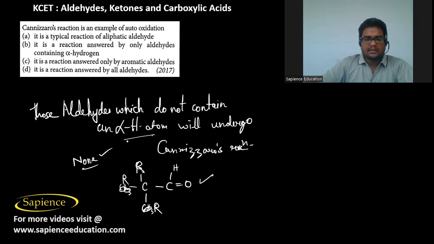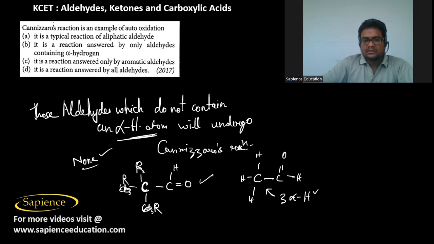It simply means that the carbon which is attached to the aldehyde group should not contain any hydrogen atom. Suppose for example, if I have three hydrogens on this carbon which is linked with the CHO group, it means here it has got three alpha hydrogens, 1, 2 and 3. So if this carbon is not having any hydrogen atom, then this aldehyde does not have any alpha hydrogen.